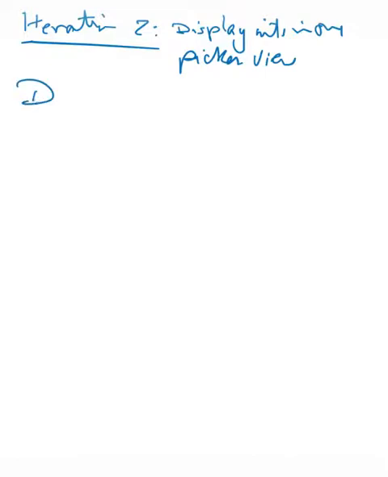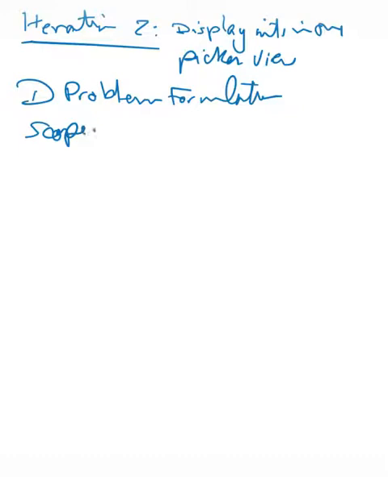So we say this is number 1, problem formulation. In the problem formulation, we define the scope of our iteration. So what exactly are we going to accomplish in this iteration?